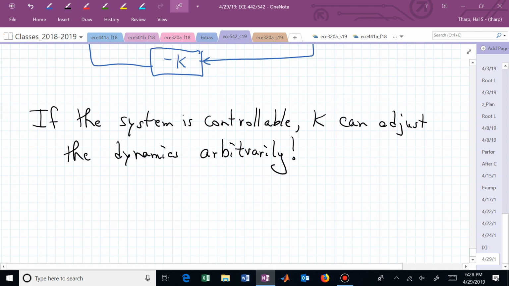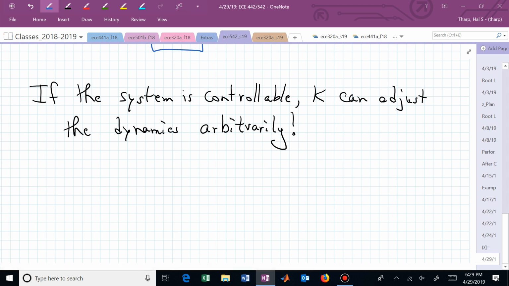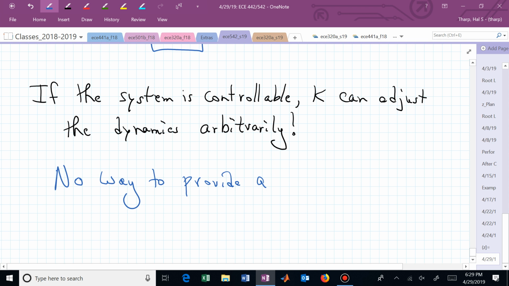So the first thing you might have to do is check controllability, and that revolves around phi and gamma. But even if we have a system that's completely controllable and we just use full state feedback, there's no way to tell the system where to go. There's no way to provide a command signal to the system.